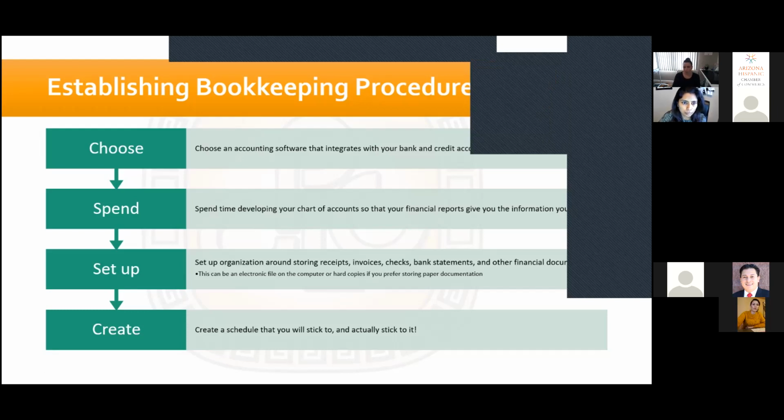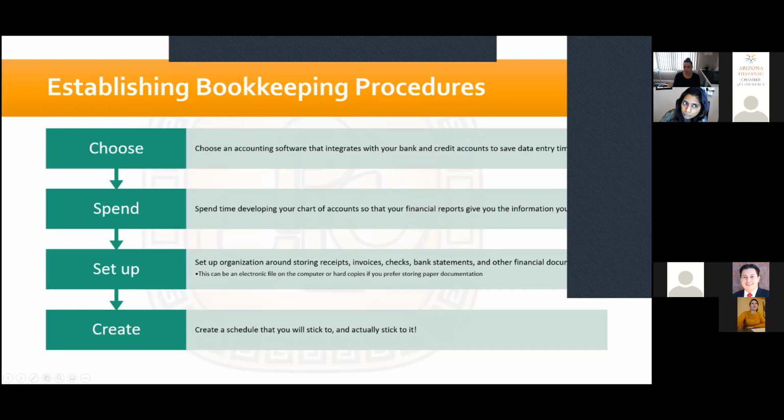So yes, it's a PEO, a professional employer organization. Basically, they help you. They run payroll for your W-2 employees, and they're like an employee of record. They handle all of the payroll and all of your HR tasks, which is nice because it frees up your time.